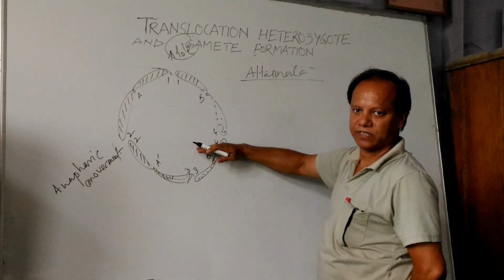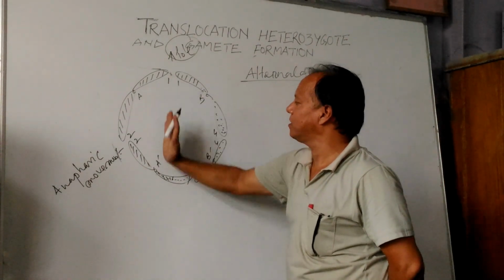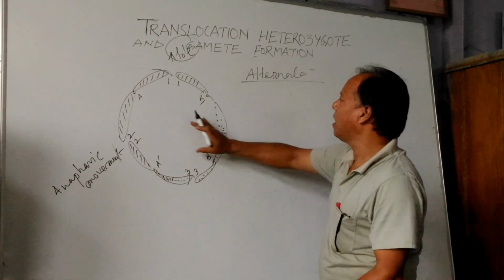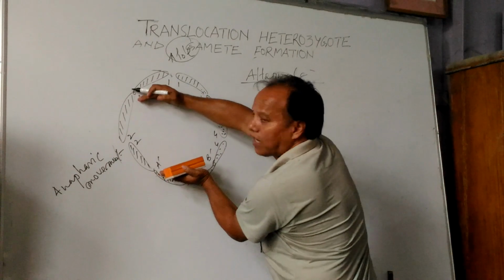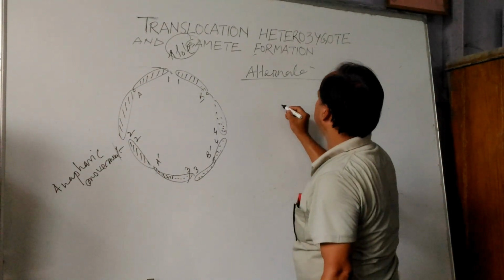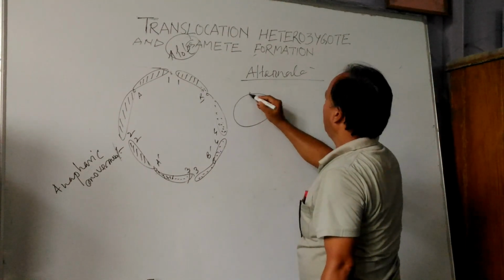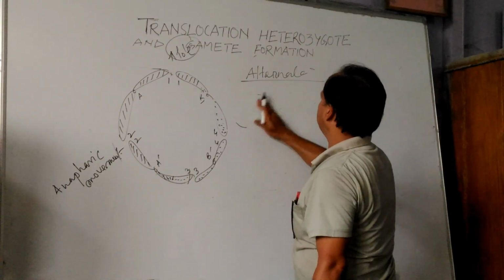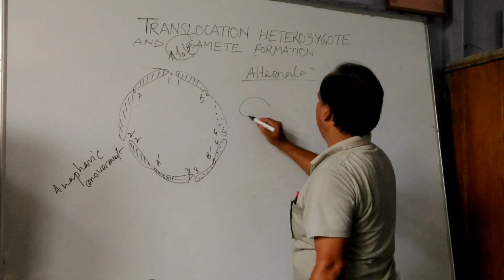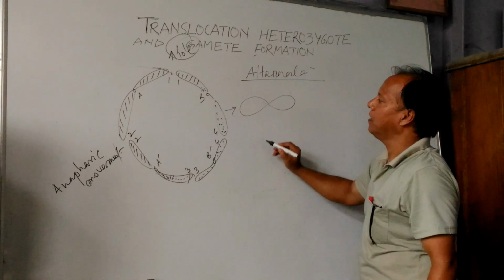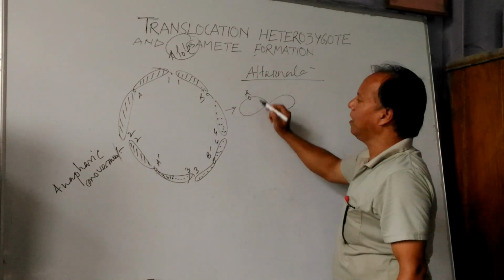Now in the last case, alternate segregation, the alternate chromosomes from the ring are involved in the formation of the gamete. For this, they must be twisted. The right hand chromosomes must be twisted to form an 8-like configuration. This is the 8-like configuration.